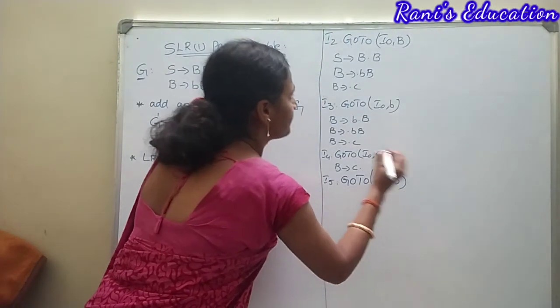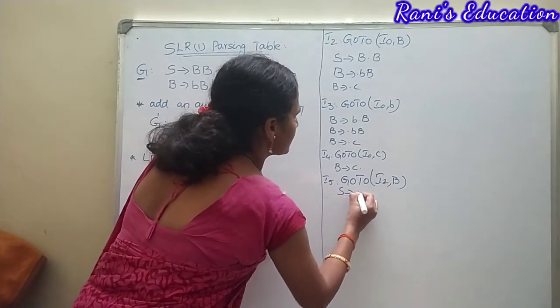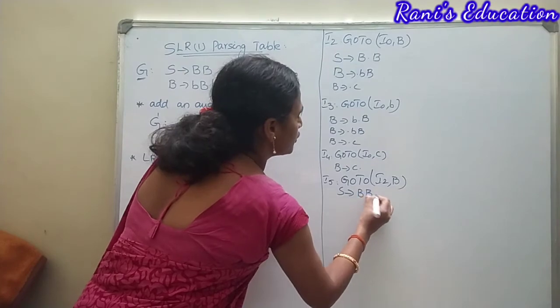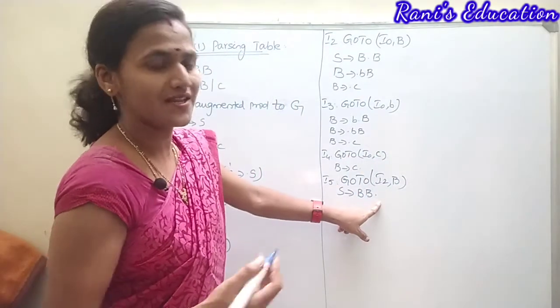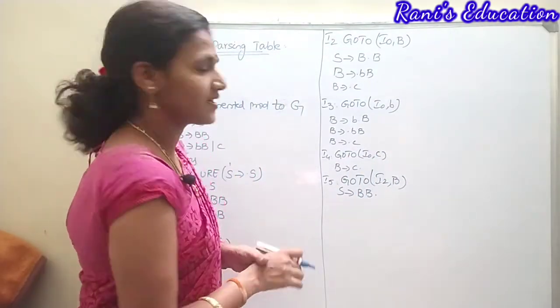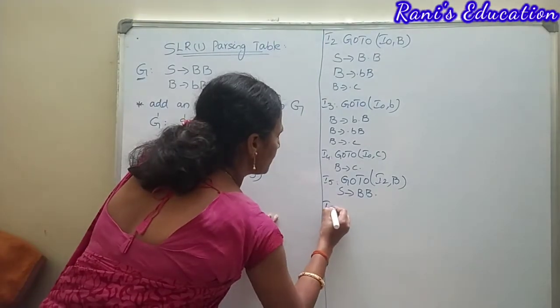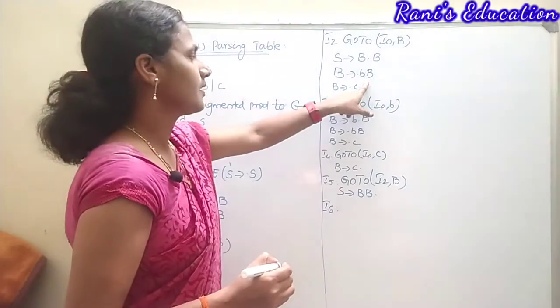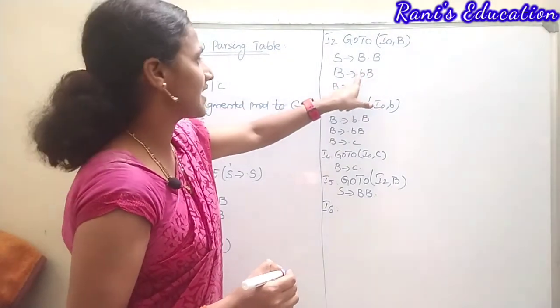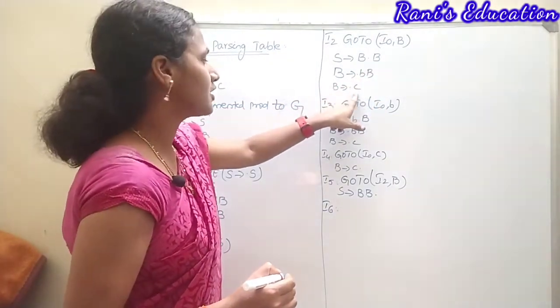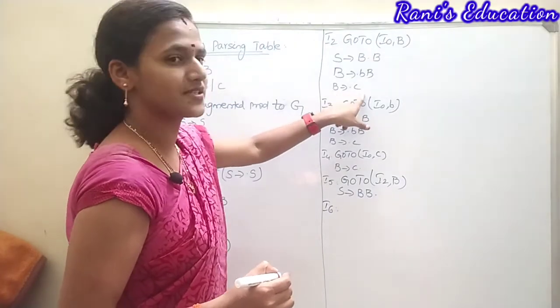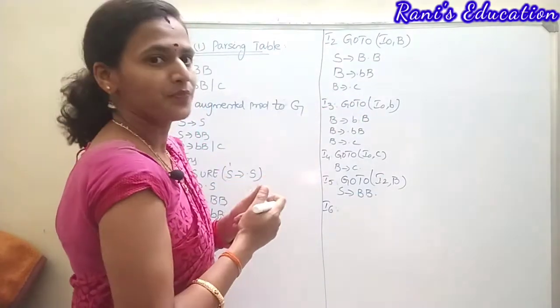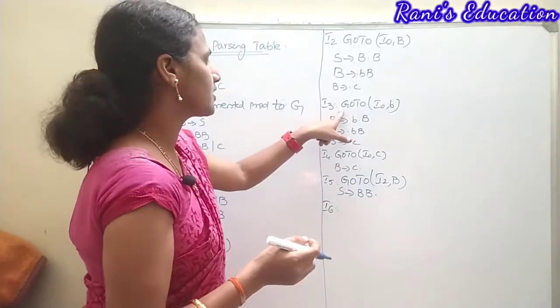I2 comma non-terminal B. That is S derives BB dot. That means the production is completed. Isn't it? Now go for the next production in I2, which has already changed the dot position. What about the third production, B derives dot C? This has also changed the dot position. Right?